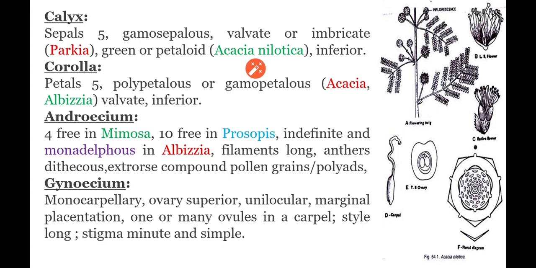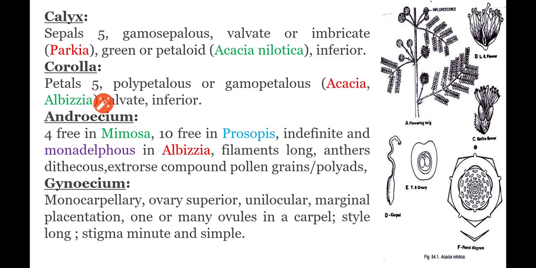Okay. Next, sepals are green or petaloid. That means they appear like petals. They are colored. They are green or petal-like in color. Example, Acacia nilotica. Inferior. They are inferior to the ovary. Next, second whorl of the flower is corolla.